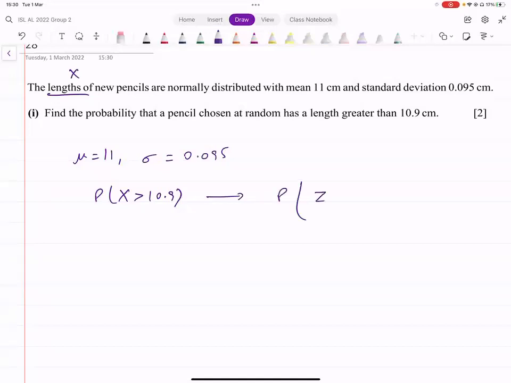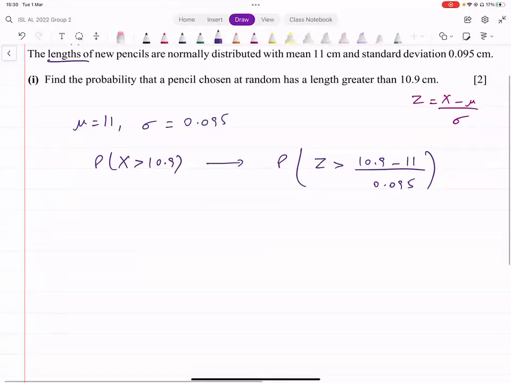We'll say that's z greater than x minus mu over sigma, which is 10.9 minus the mean divided by 0.095. What do we get? Z greater than what?